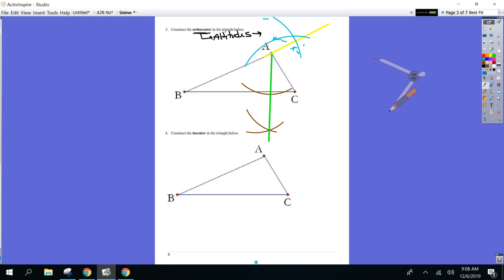What I'm trying to get to you guys is that you're going to have to extend your first altitude up so they intersect. They should intersect outside the triangle, right above or to the right of A. Yep, hopefully you guys are experiencing right above A. That's what happens when you have an obtuse triangle.